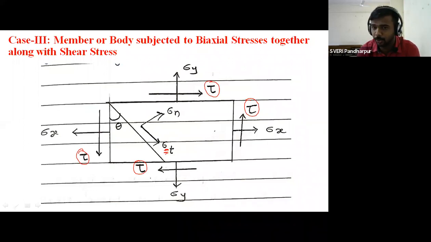This sigma t is also your shear stress, but it is on the inclined plane. ह्याला shear पण म्हणू शकतो आणि tangential पण म्हणू शकतो. So draw this particular figure.